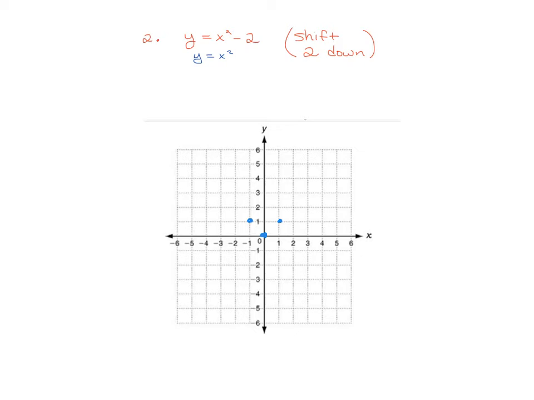I'm going to take these 3 coordinates and shift them down 2 units. First that one, then the origin 1, 2, and then the ordered pair 1, 1 also will go down 2 units. And again, I will connect the points. Again, we don't want to make a straight line. Remember that it is a U shape, it's a parabola.